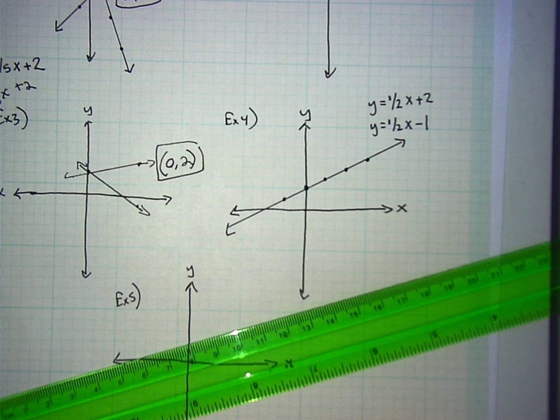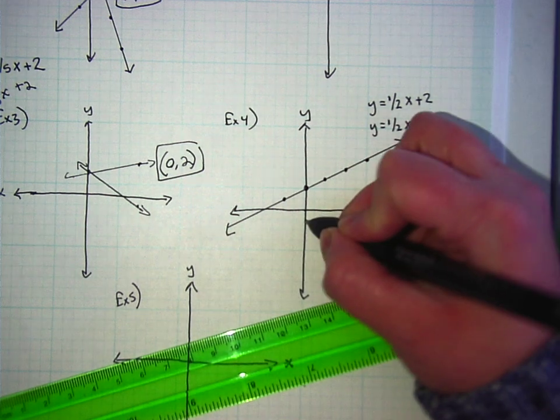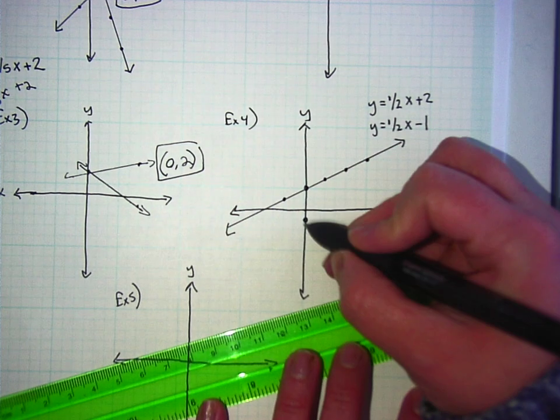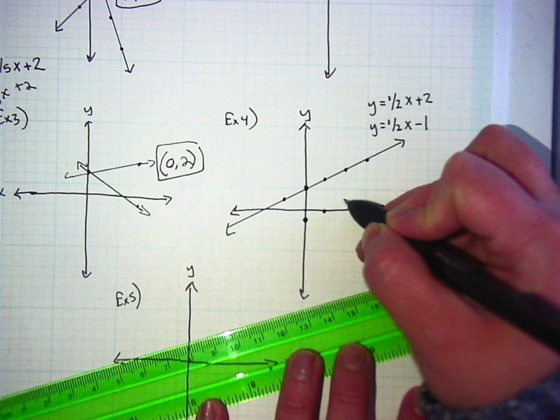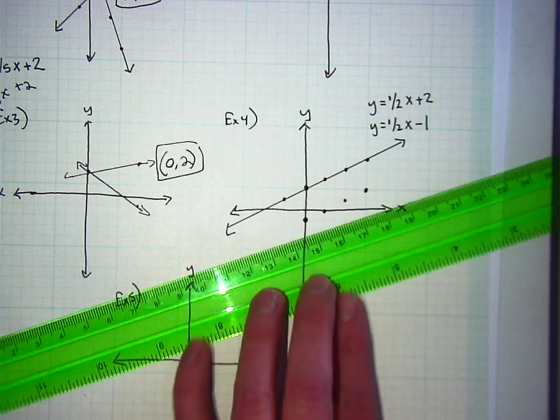And the other equation has a y-intercept of what? -1. And it also goes up 1 over 2, up 1 over 2, etc.